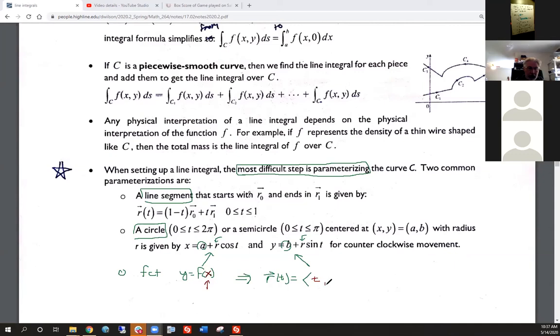And if t represents x, what would the y value be? f of t. I think we've got an example later in the section where we have y equals x squared as our defining C. In this case, we would have r equals (t, t squared).